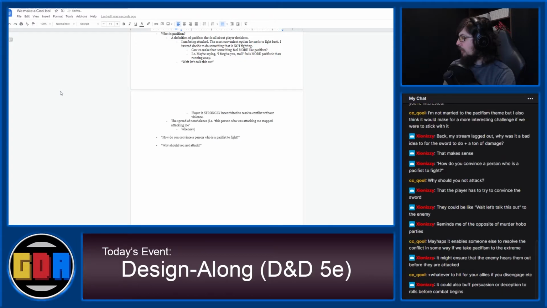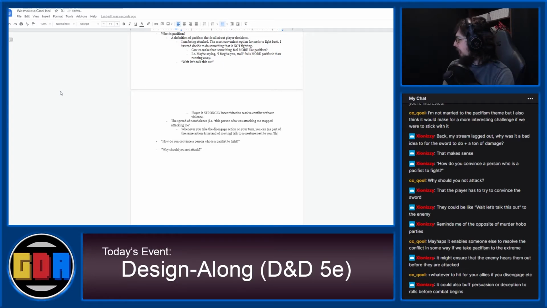whenever you take the disengage action on your turn, you can, as part of the same action, and instead of moving, talk to a creature next to you.